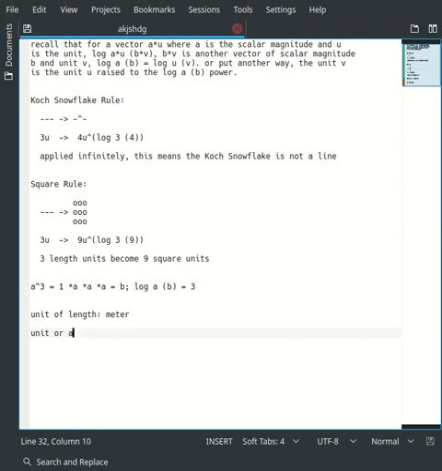A unit of area will be a meter squared. And a unit of volume would be a meter cubed. Right? This is the number of dimensions that this operates in. It's not magic. And the logarithm, what it does is it gives you that out. That is its output.